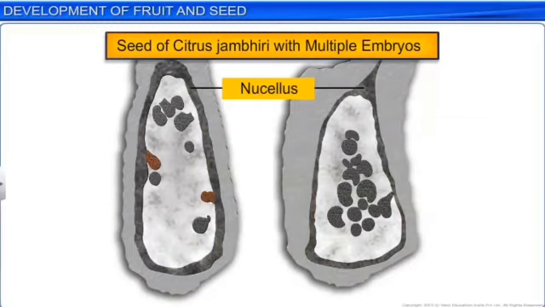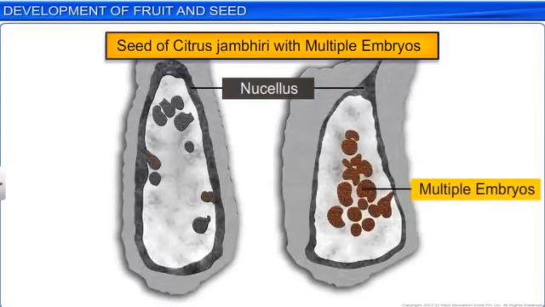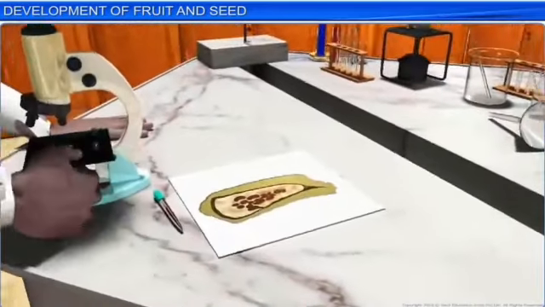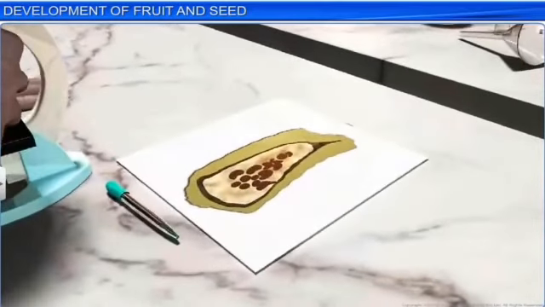The occurrence of more than one embryo in a typical seed is said to be polyembryony. Furthermore, in the hybrid seed industry, a lot of hybrid seeds are used by the farmers, but not everyone can afford to do so.